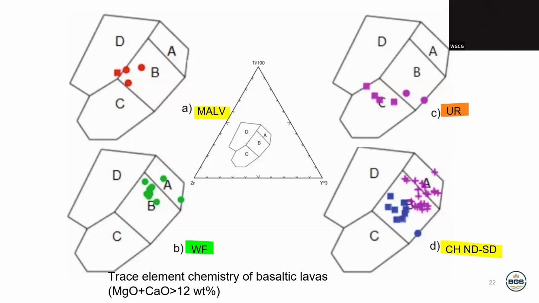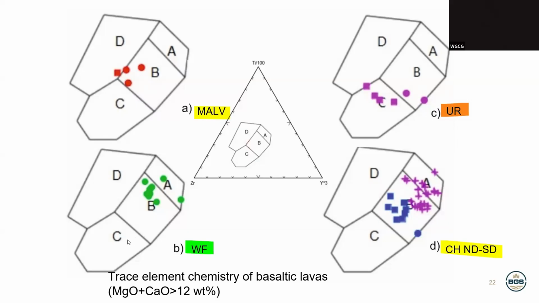We measure these quantities of trace elements in the rock. Typically for zirconium and yttrium, there's only about 100 or 50 ppm in the rock, so we need quite precise analytical equipment, but most university departments have such kit to analyze rocks.